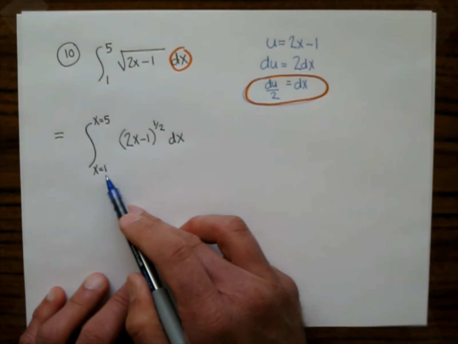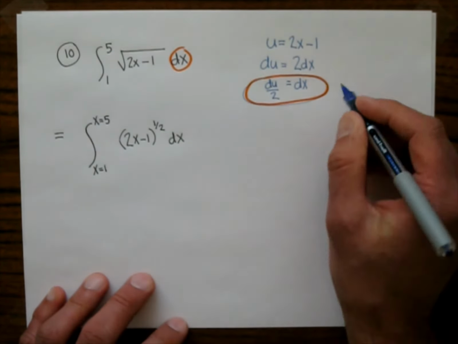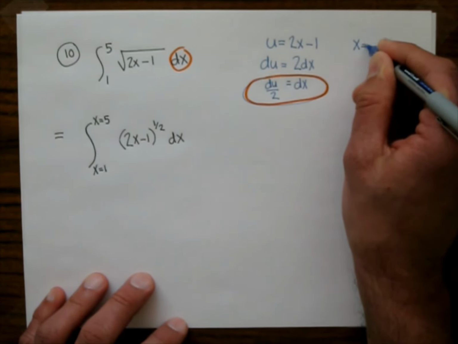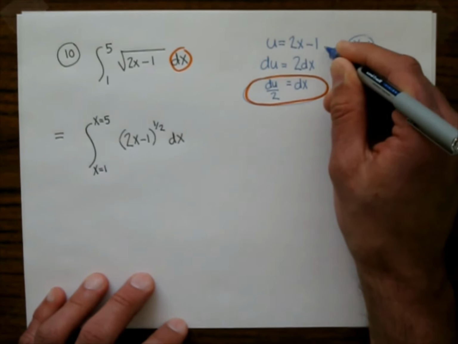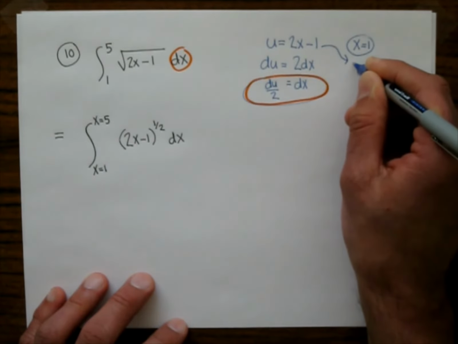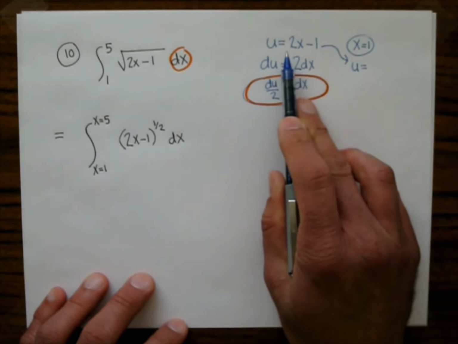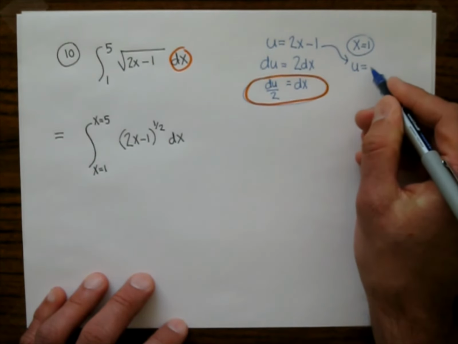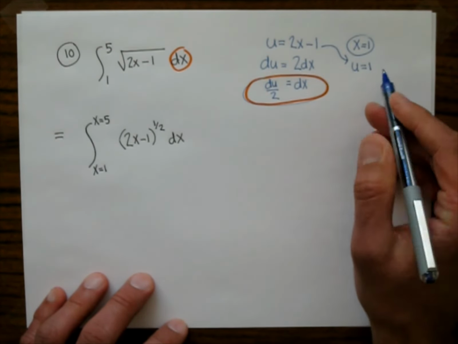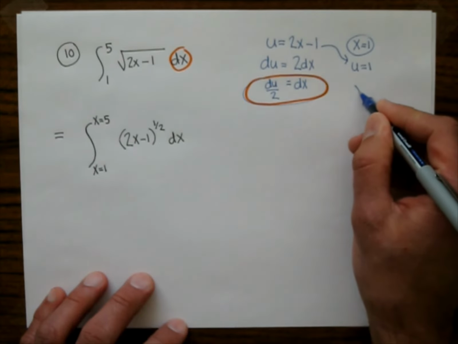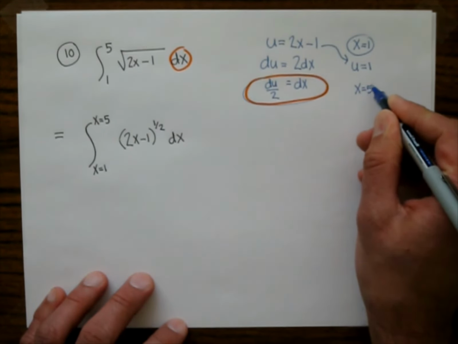And you might be thinking, well, what do you mean? Watch this. If x is 1, and we plug it into this equation, what is u? u is going to be 2 minus 1. So u will be 1. Maybe that was a bad example. But okay, x is 5. I know this one's going to change.